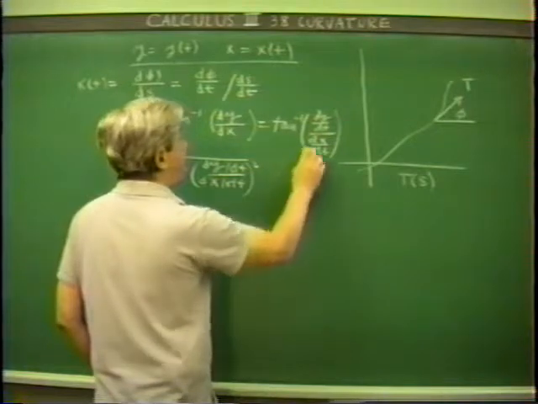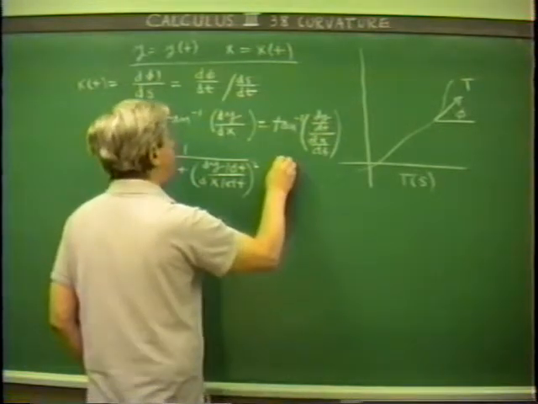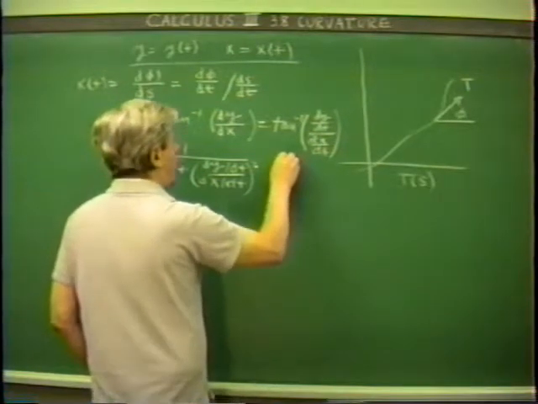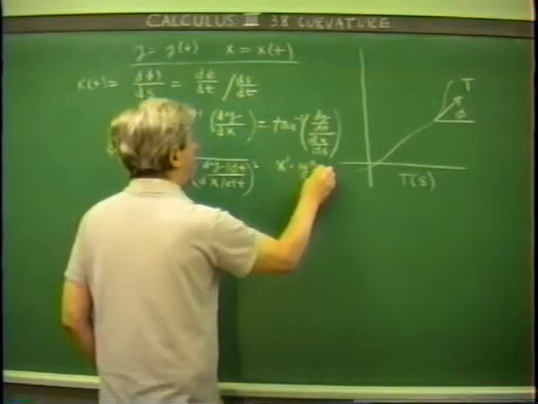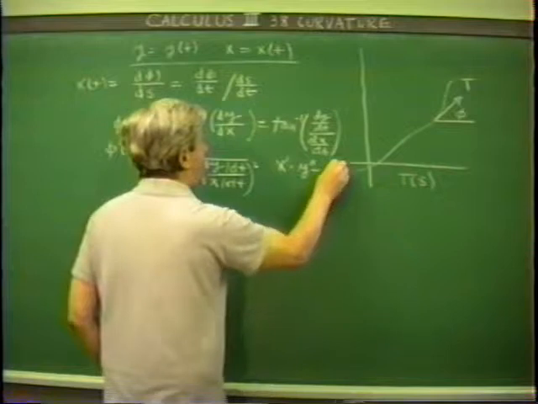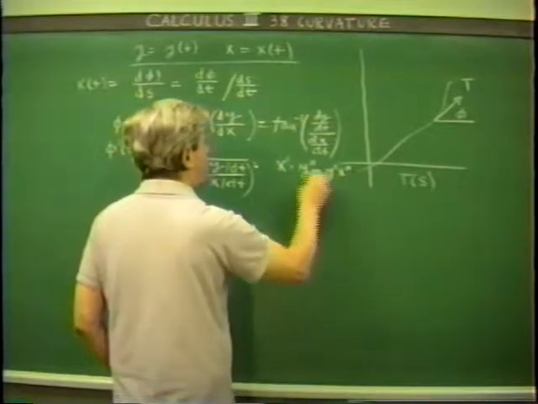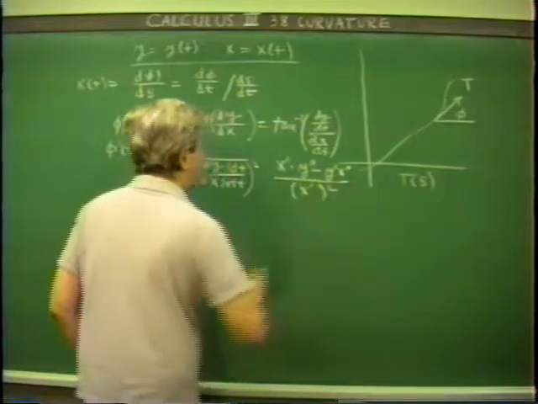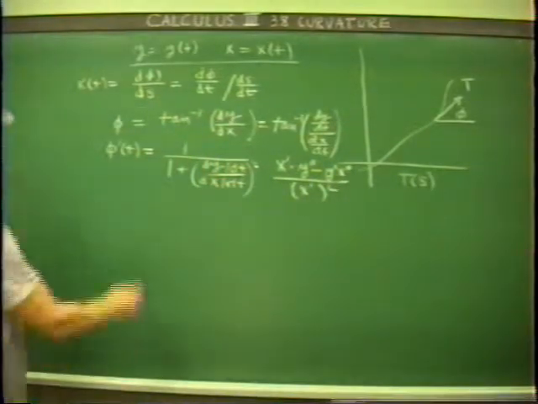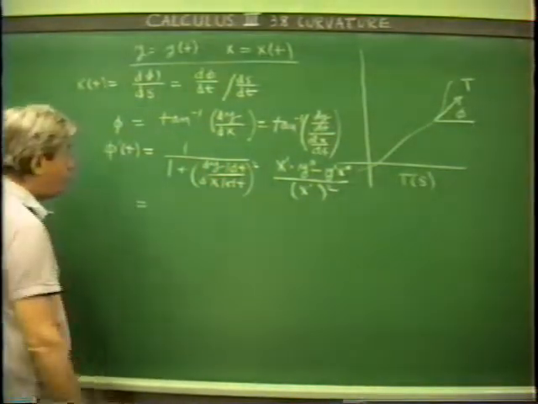Right? We can write this as x prime and y prime, so the derivative is the denominator, x prime, times the derivative of the numerator, that's y double prime, minus the numerator, y prime, times the derivative of the denominator, x double prime, over the denominator squared.